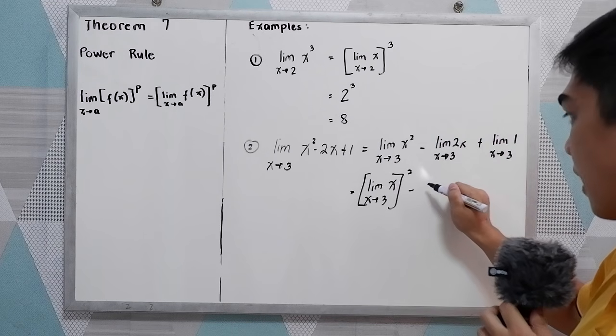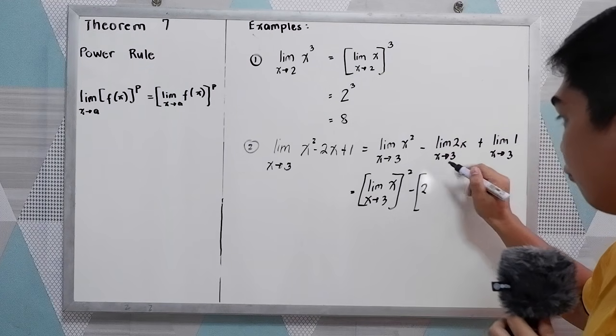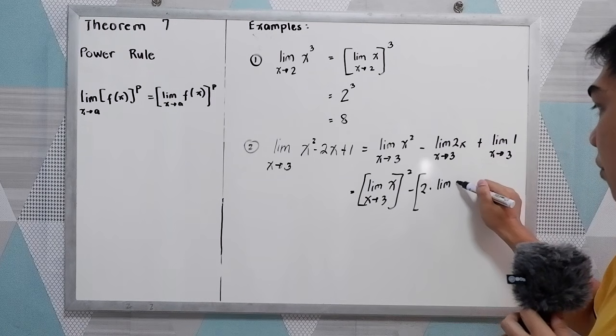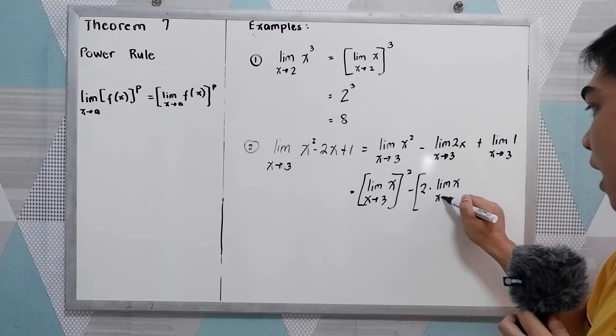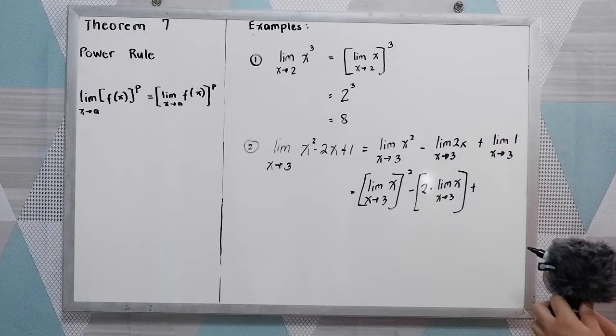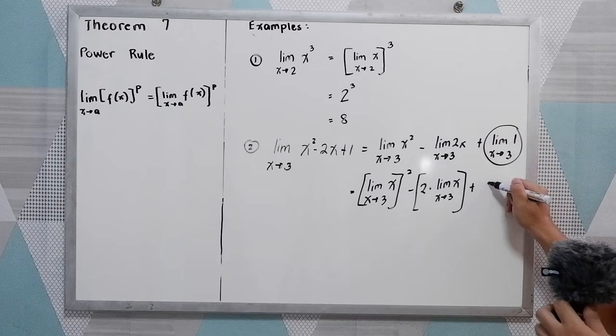So get the constant multiple rule, 2 times the limit of x as x approaches 3 plus, so we have our theorem number 1 applied to this one, that is equal to 1.